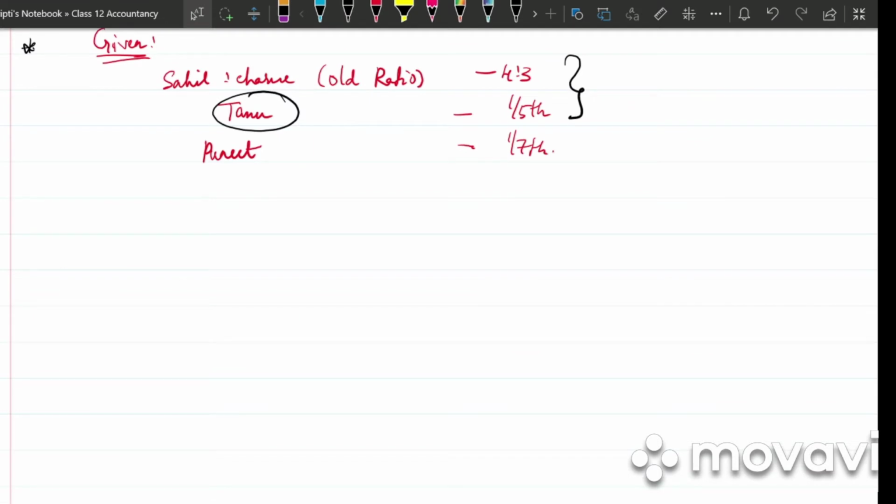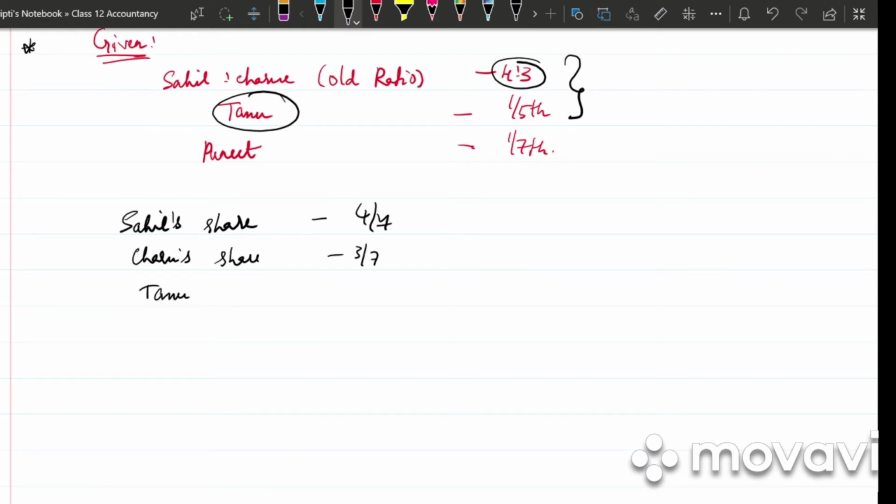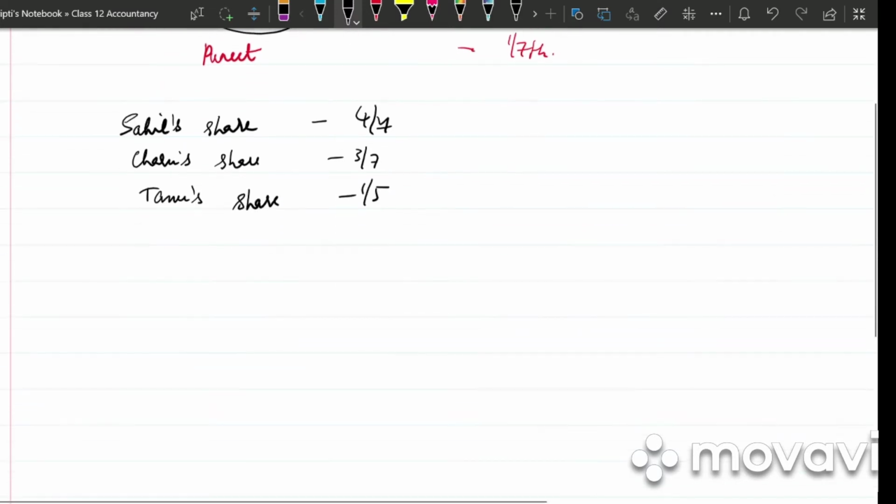So what will be Sahil's share? Sahil's share is 4/7. How 4/7? They have given us the old ratio. Then we have Charu's share, that is 3/7. And last we have Tanu's share, that is 1/5. Correct?